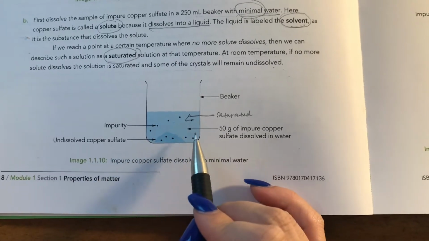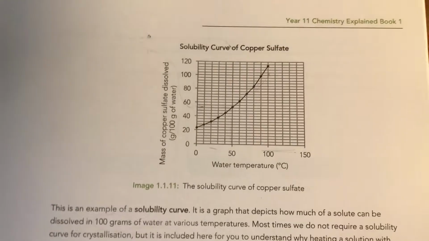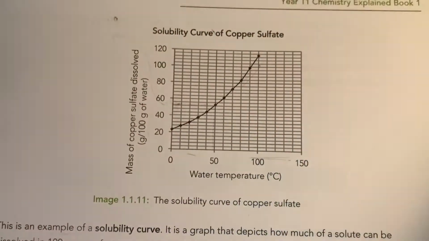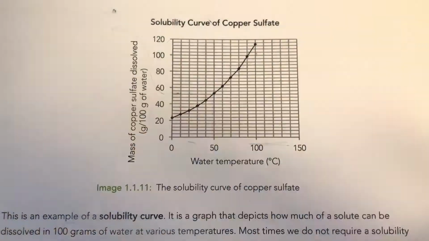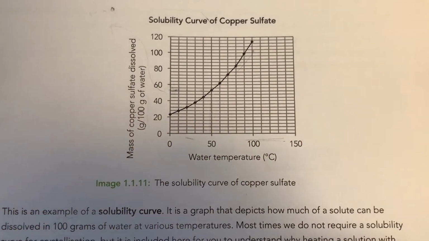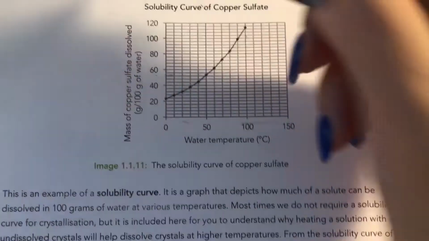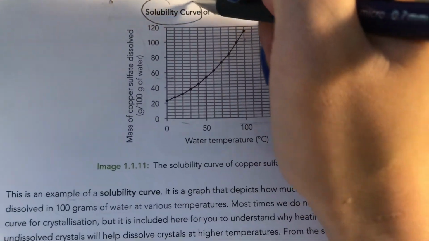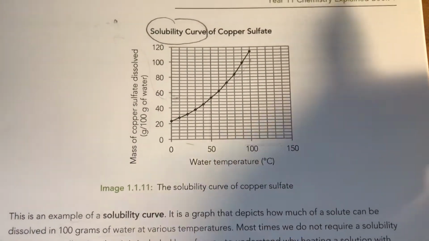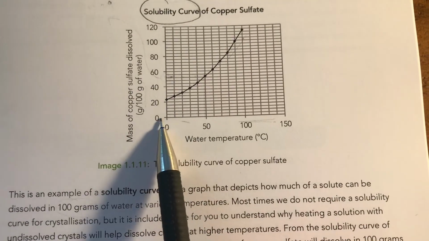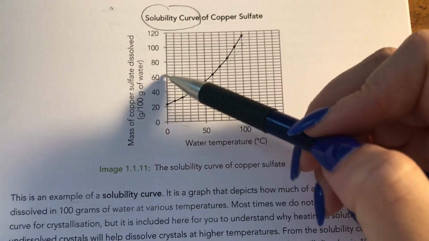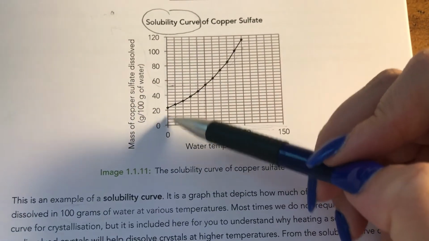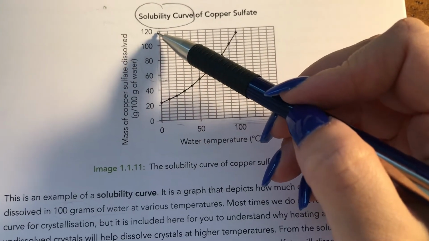So now this brings us to this thing called a solubility curve. Now, every compound has a solubility curve. And what that is: temperature is on the horizontal axis, and the mass of the solute or the solid is on the vertical axis.